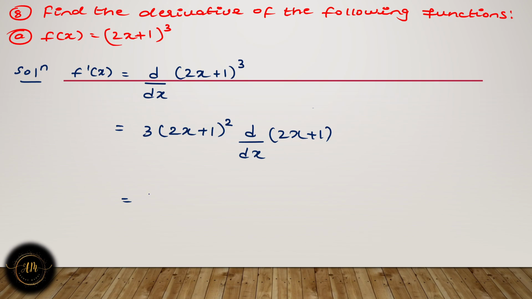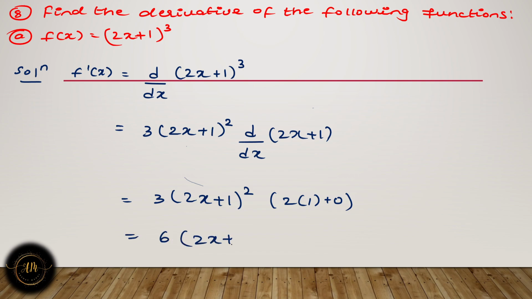So it will be 3 into 2x plus 1 the whole square into 2 into 1 plus 0. That is nothing but 6 into 2x plus 1 the whole square. This is nothing but our derivative f dash x.